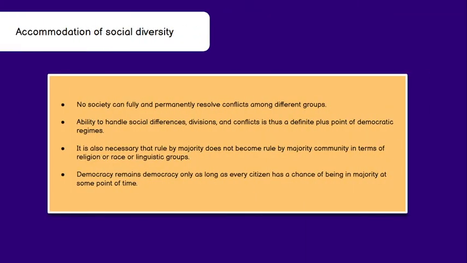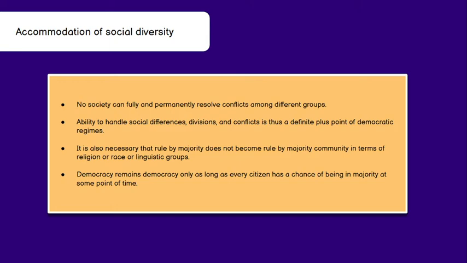So accommodation of social diversity. So what is social diversity? Having different religions, having different races, and all living together is known as social diversity. So how each and every race or each and every part of the community or society accommodates with each other.